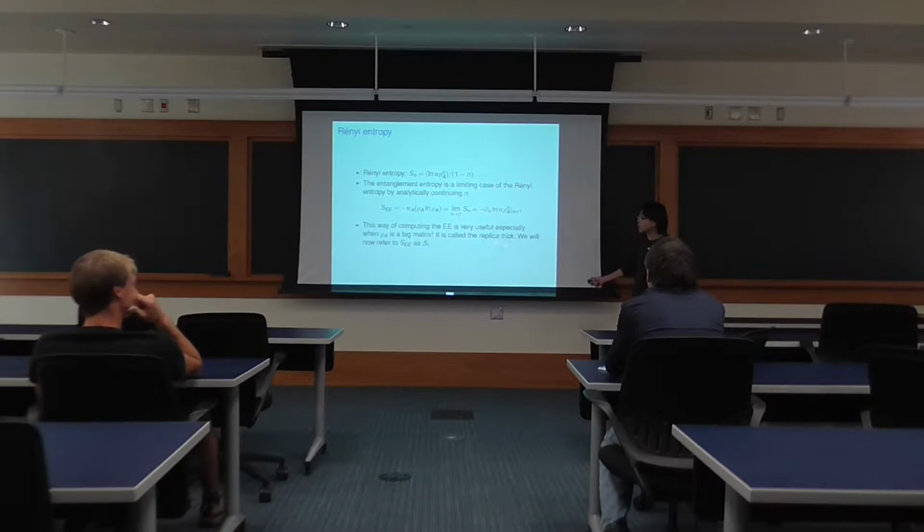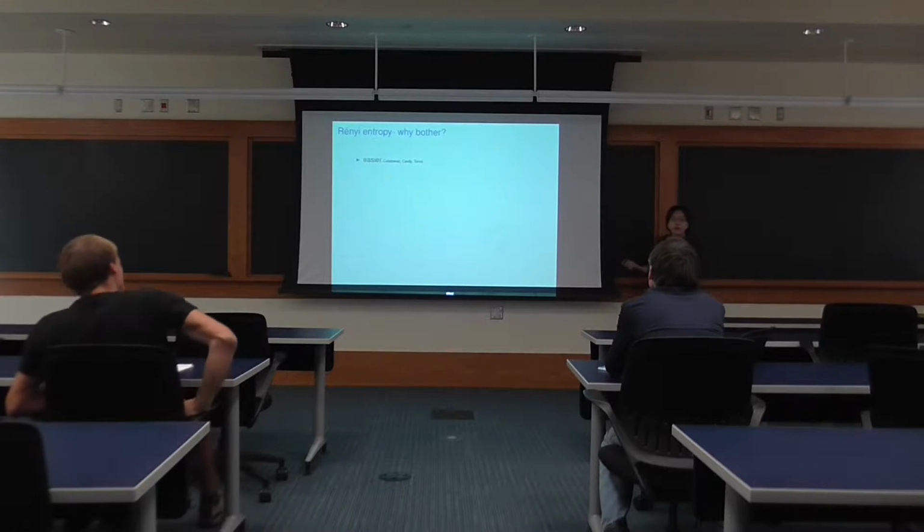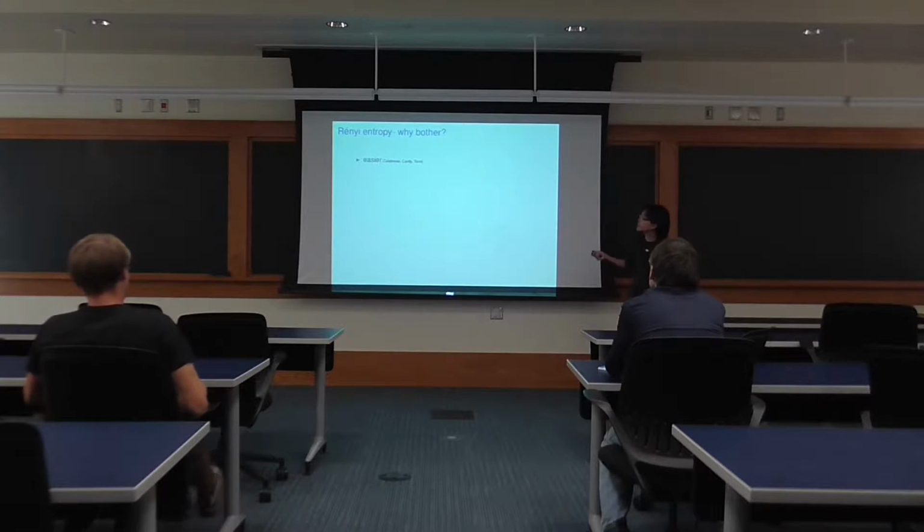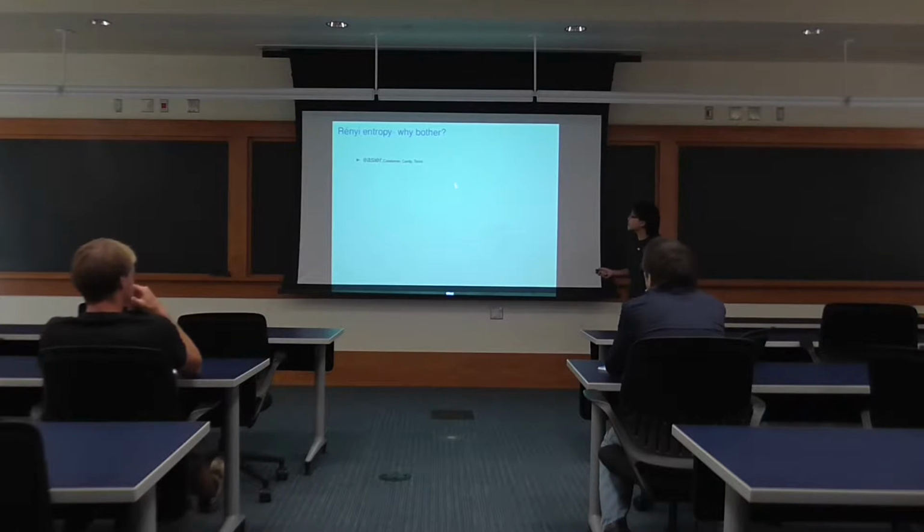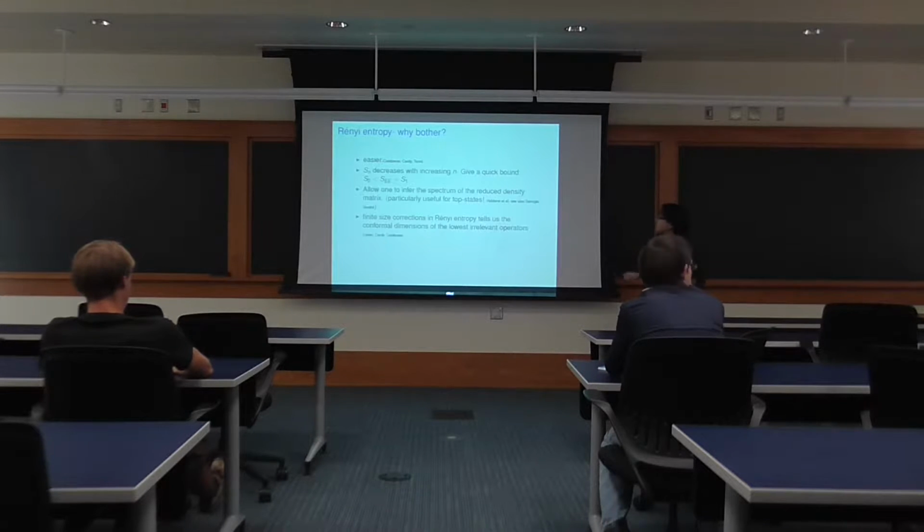This is often called the replica trick, where we introduce n replicas, as we will see. So now, why do people care about the Rényi entropy at all? The first reason is that it is just easier to compute, as I just mentioned. This is in fact a trick used to compute entanglement entropy.